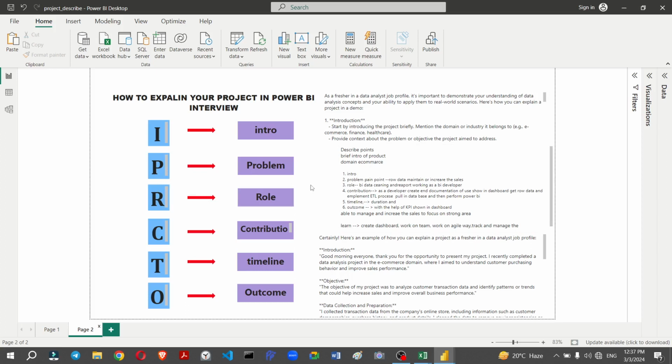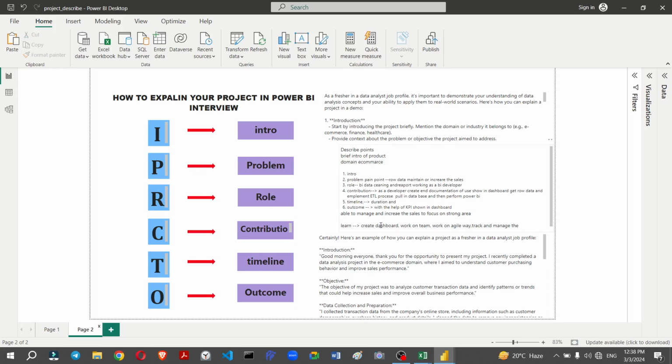The third one is role. What is your role there? As a BI engineer, we cleaned the data and performed the ETL pipeline. We extract data from multiple data sets, such as their online stores, and collect transaction data, demographic data, and everything needed for the analysis part.